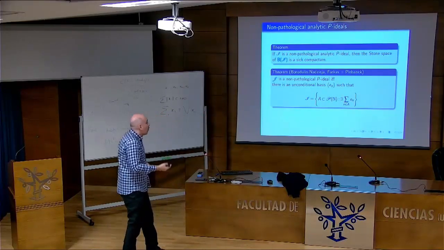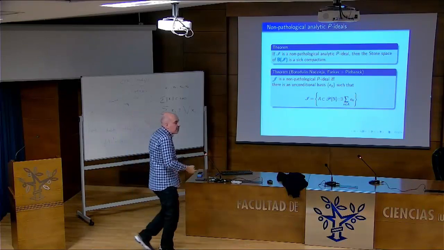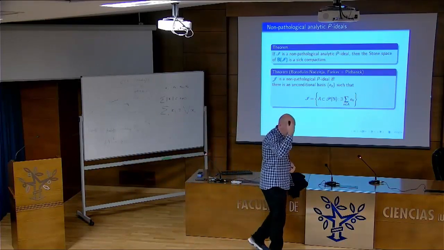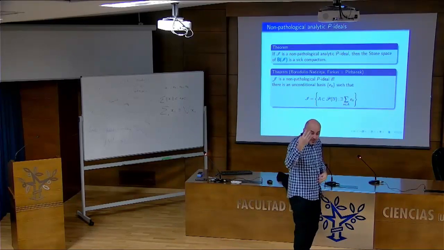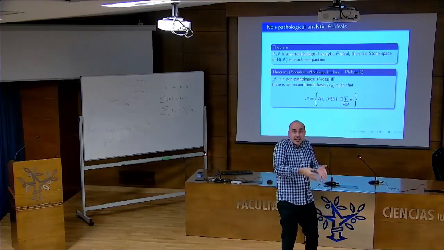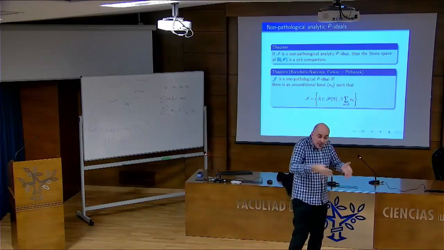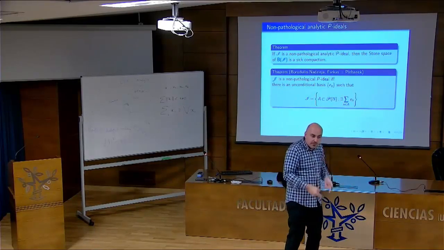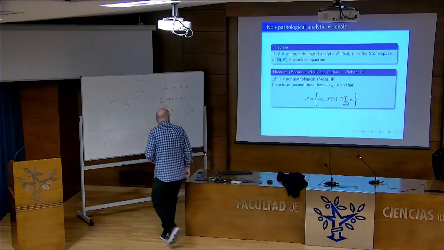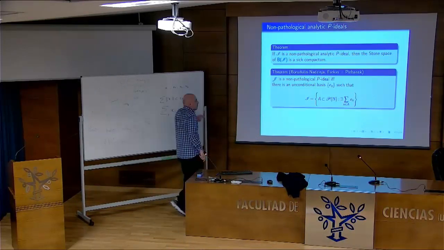But the question is, what are the ideals that can be represented in this way? For which ideals is there an unconditional basis such that exactly the subsets of that ideal are those where I can sum my basis? And the answer was that this is exactly a non-pathological p-ideal.